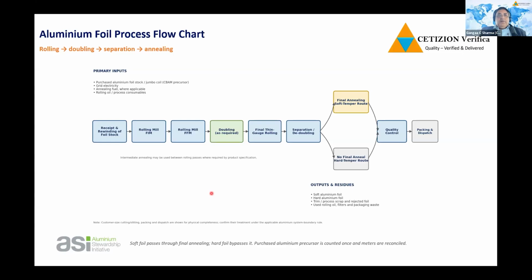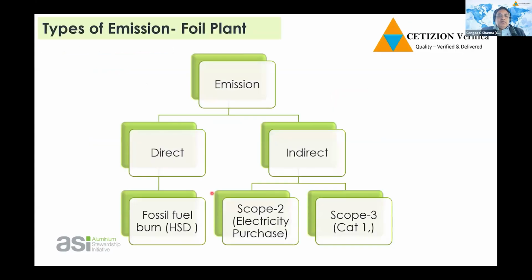So as a foil manufacturer, what does it mean for me as far as the GHG emissions are concerned? Let's try to understand what the various sources of emission are in a typical foil industry. It's going to be direct and indirect. There is no process emission in the foil industry. Typically direct, you use diesel for the forklift or for burning.